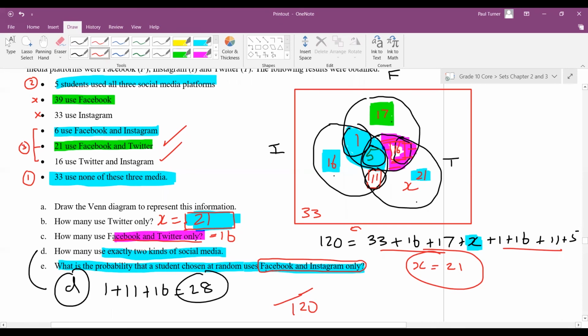How many? Isn't that 1? This one here, 1. Facebook and Instagram only is only 1 person. So that's your answer there, 1 out of 120. So that's less than 1%.